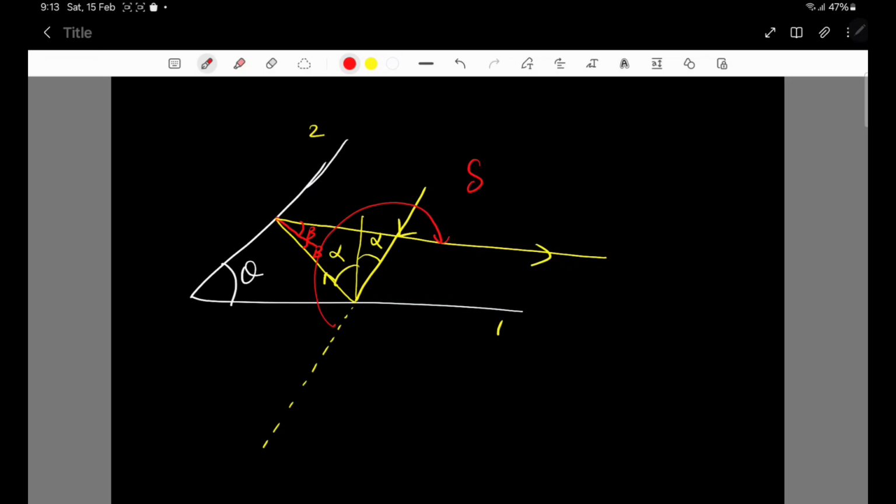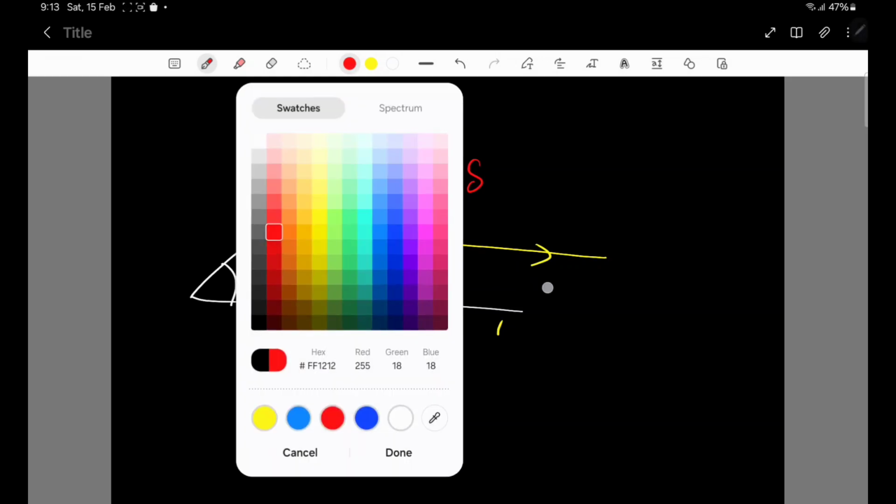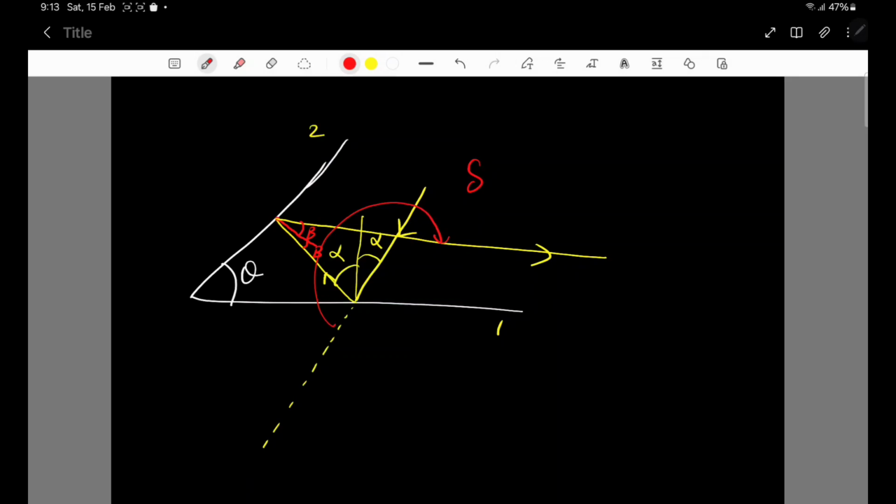Okay, how can we get this angle first? I will tell you the way to calculate that. First, you can see if this angle is alpha, this angle also should be alpha, correct? And this angle should be 90 minus alpha.